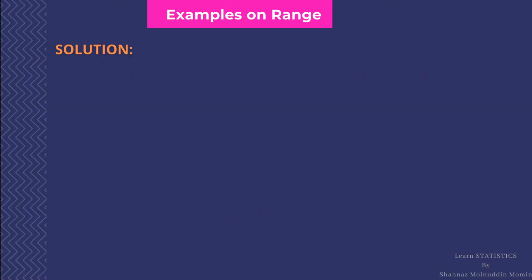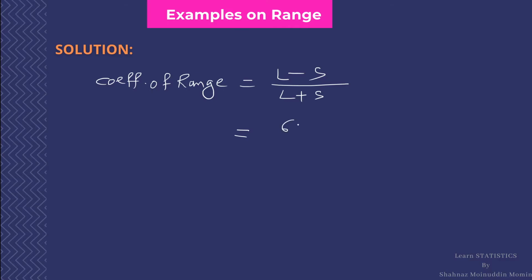Now we will obtain the coefficient of range, which is equal to L minus S divided by L plus S. Substitute the corresponding values of L and S. We get 68 minus 62 by 68 plus 62, which is equal to 6 divided by 130, and after simplification it is 0.046.